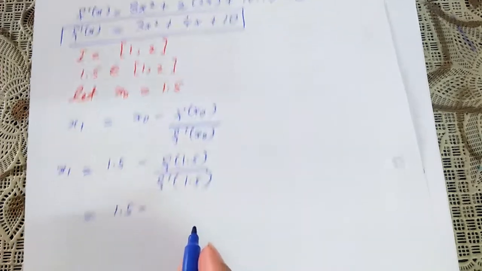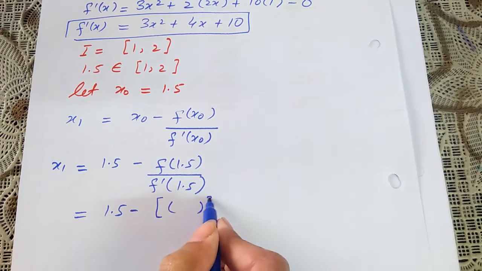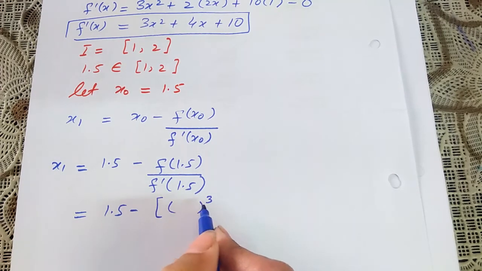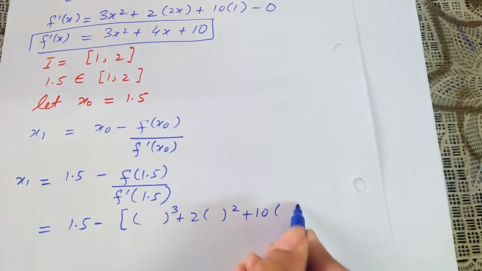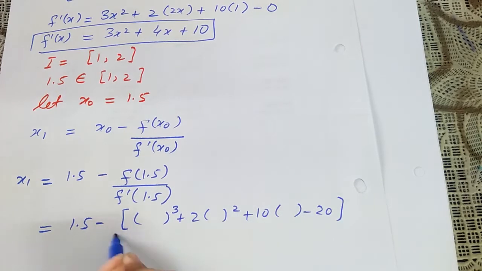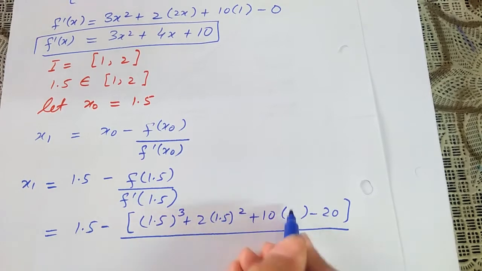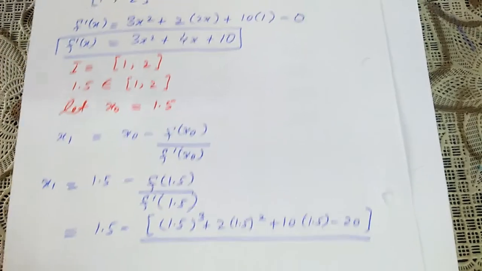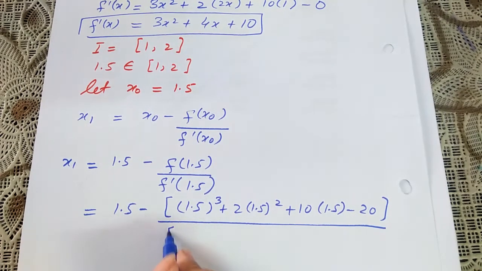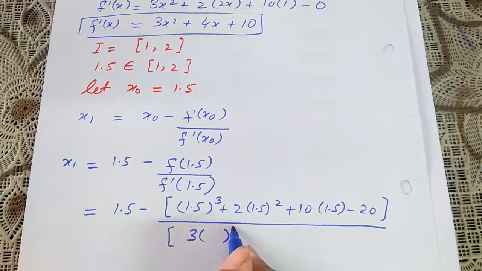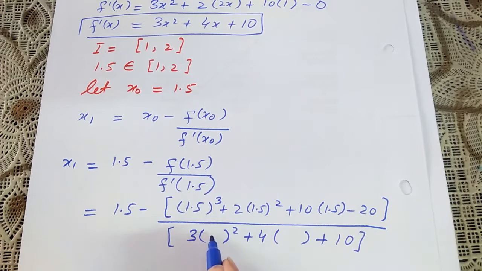I'm just writing the format: the function is x cube plus 2x square plus 10 into x minus 20. Now replace x with 1.5. Now consider f dash of x, whose format is 3x square plus 4x plus 10. Now replace this x with 1.5.